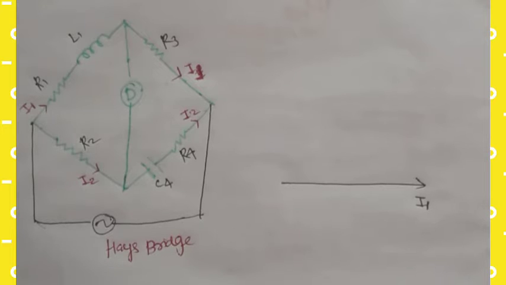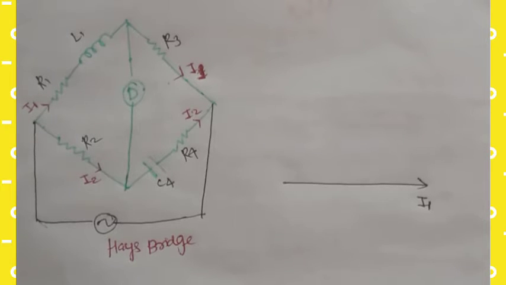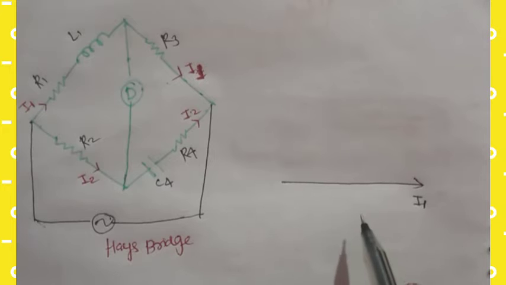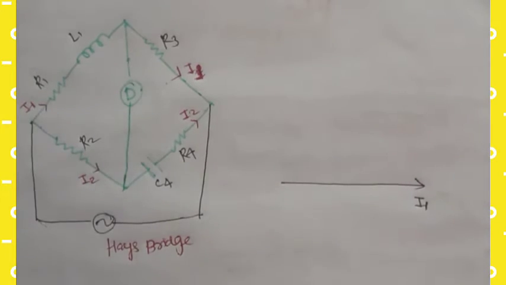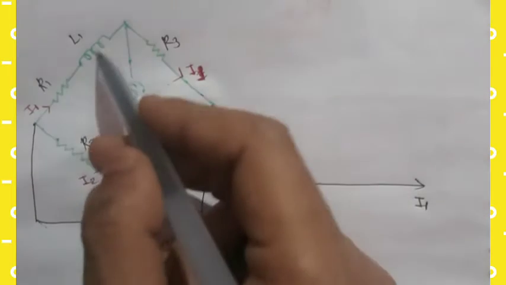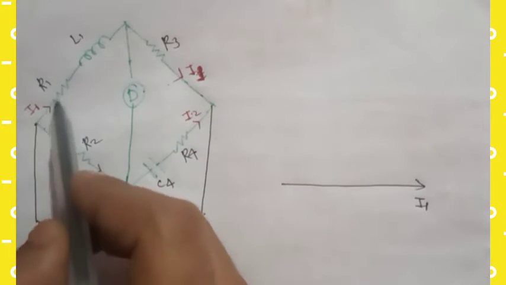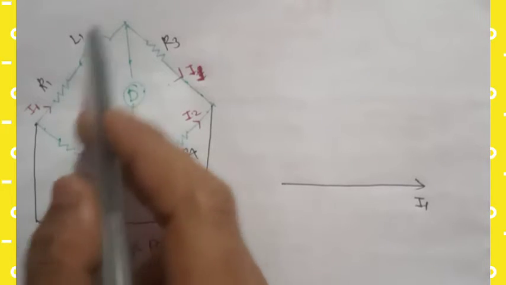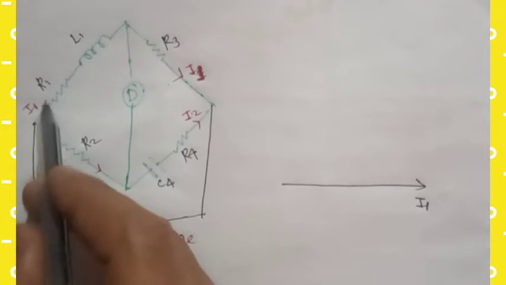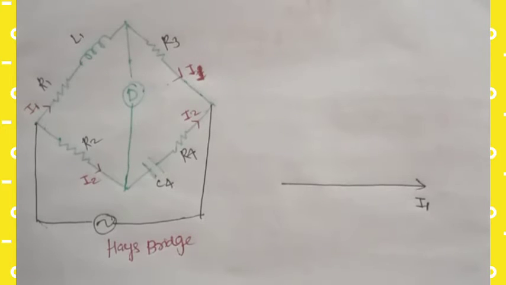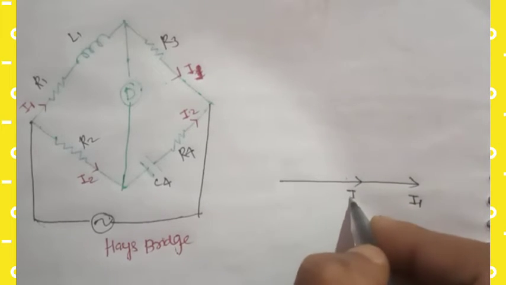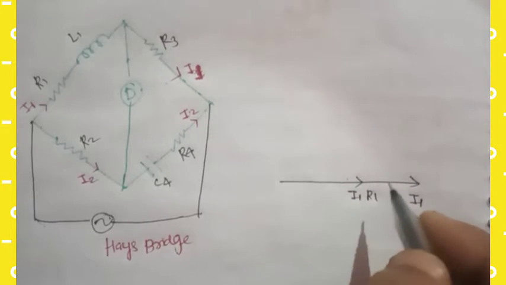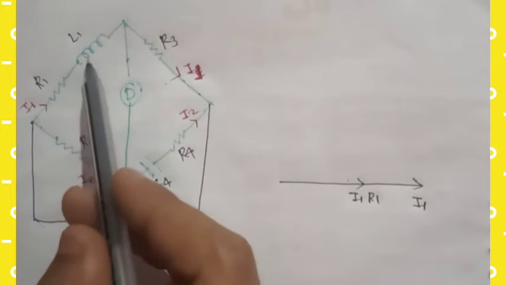Friends, for drawing the phasor diagram, first we have to take a reference. Here we will take the current I1 as reference. In this circuit we are seeing that there is a resistor and inductor. We know that in a resistor the voltage and current are in the same phase, so in the same phase there will be I1 R1, and there is an inductor.